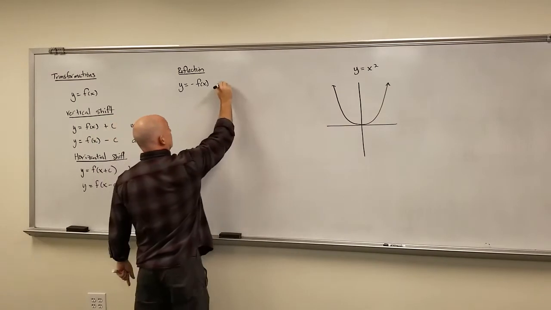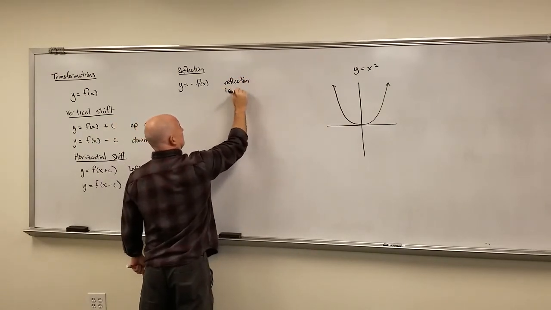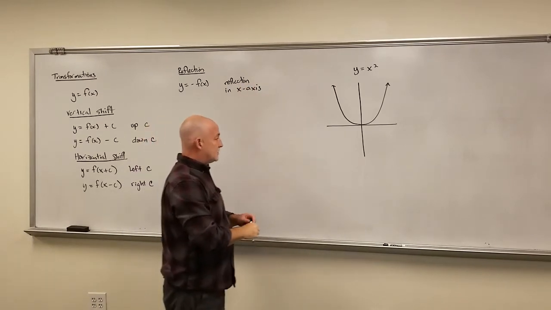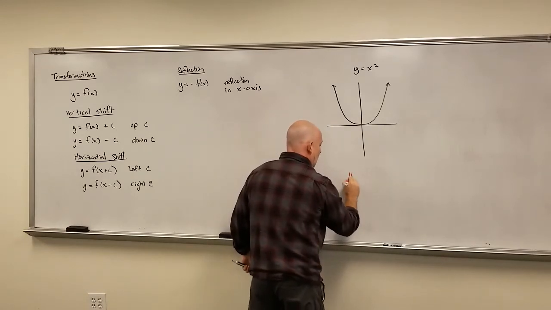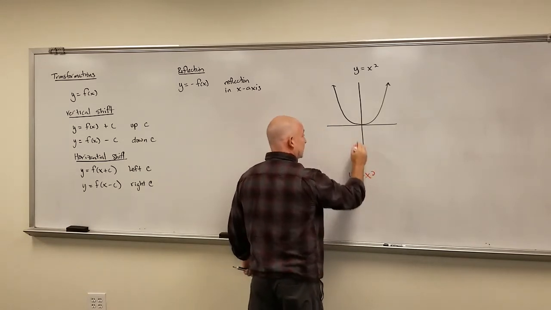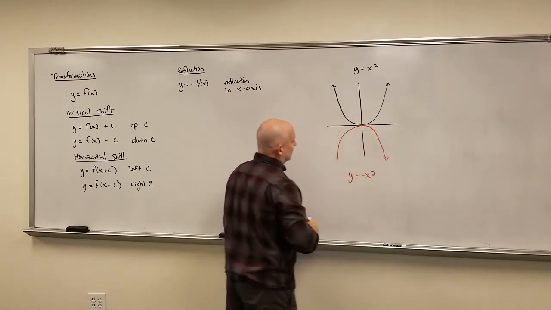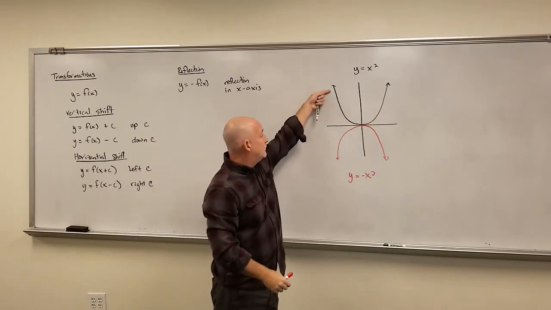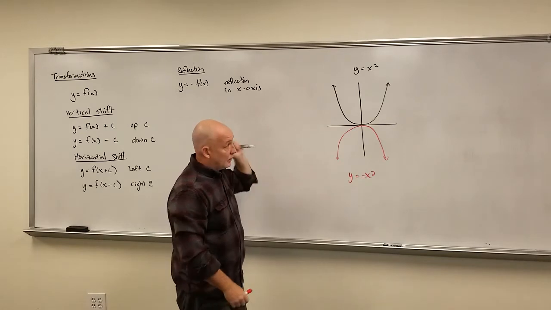So this is a reflection in the x-axis. Let's go ahead and write it down here. y is equal to the opposite of x squared. Well, that would be the mirror reflection of that graph heading that way, right? Because we took all the y values, the x values are the same, and we're doing the opposite of the y values.